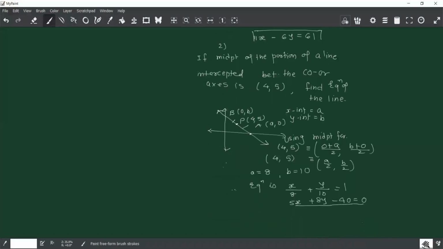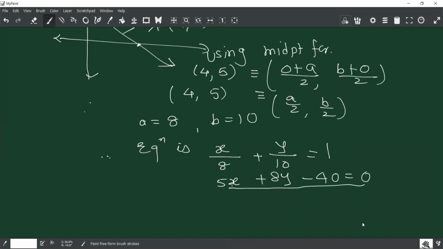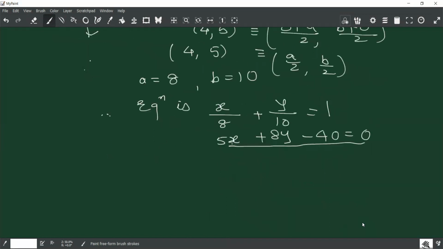Oh, you did a silly mistake. Fine. It's one and the same, beta. 5x. See, my answer, I get it as... 1 minute. Let me check what I have written. 1 minute, please.